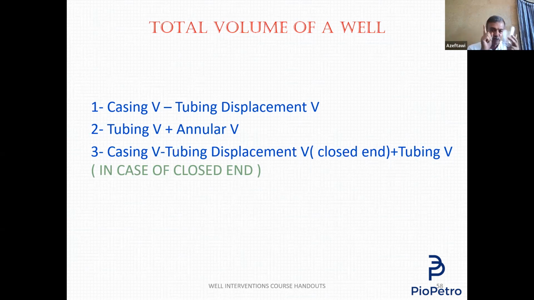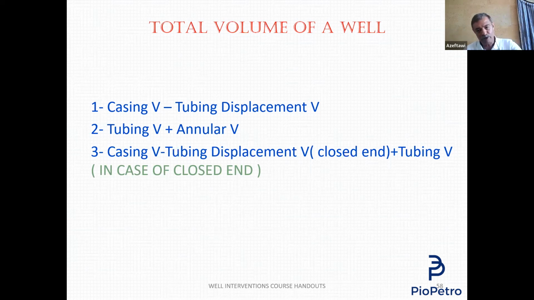I will give you one more data, which is the tubing volume itself. The tubing volume itself is 150. Three data you have now: casing volume 500 barrels, tubing displacement volume 50 barrels, and tubing volume 150 barrels.